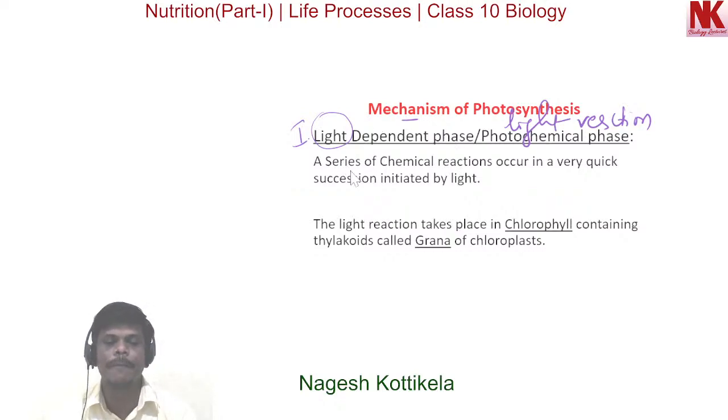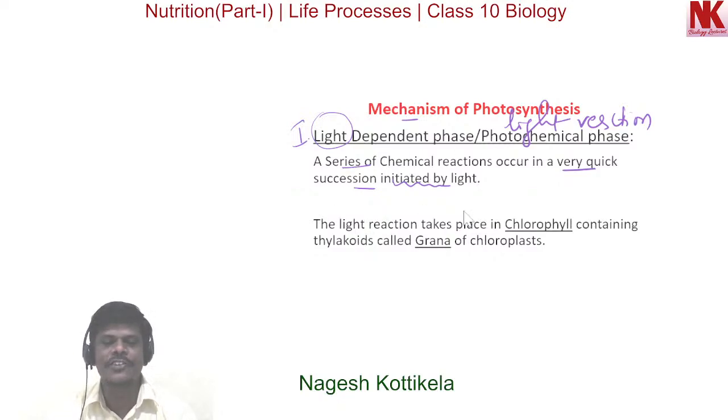Here a series of chemical reactions occur in very quick succession, initiated by light. As the reactions are initiated by light, this is called light dependent phase or photochemical phase, simply light reaction.